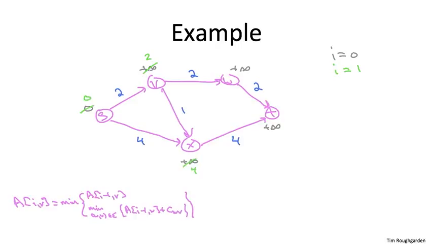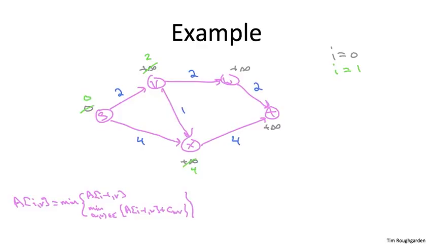Now, the nodes W and T would love to throw out their plus infinity solutions and get something finite. And you might be thinking that because V and X now have finite distances, those would propagate to the nodes W and T. That will indeed happen, but we're going to have to wait till the next iteration, till i equals 2.